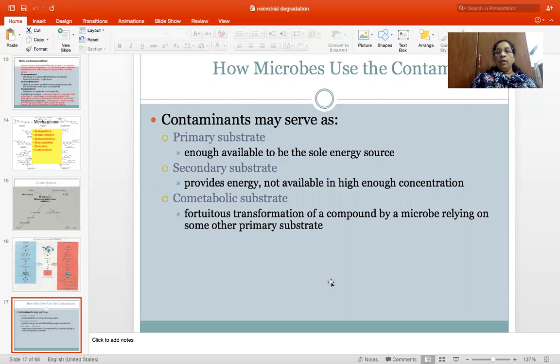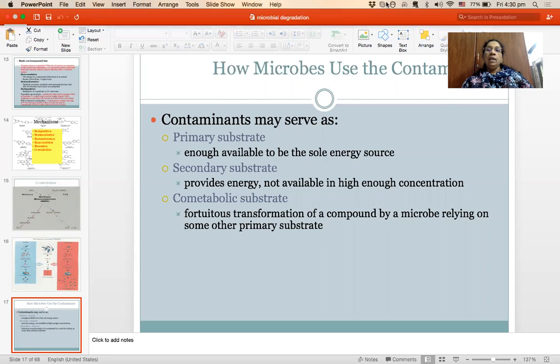And as a co-metabolic substrate, we already saw about co-metabolism, where the compound is not used as an energy source by the microorganism. That is fortuitous transformation of a compound by a microbe relying on some other primary substrate. We already saw the example of methane, where methane is degraded by the methane monooxygenase and used as a substrate, but on the way it also degrades trichloroethylene, but the trichloroethylene is not used as a substrate by the microorganisms.